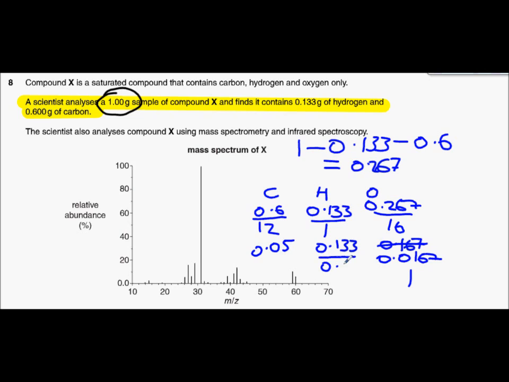Divide by that one. Divide by that one. So I have then 1 oxygen, hydrogens, I have 8, and carbon 3.